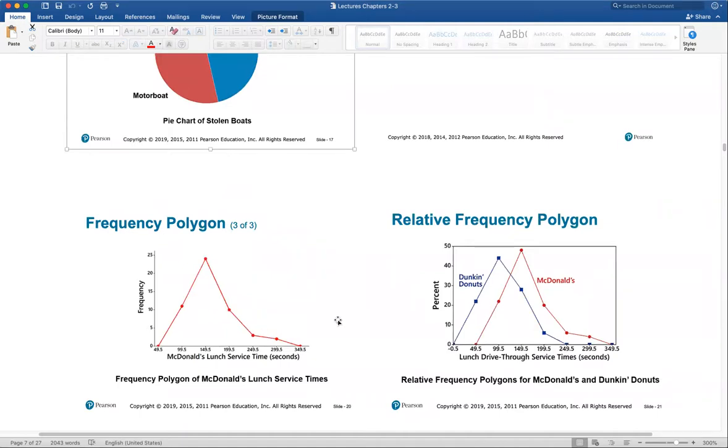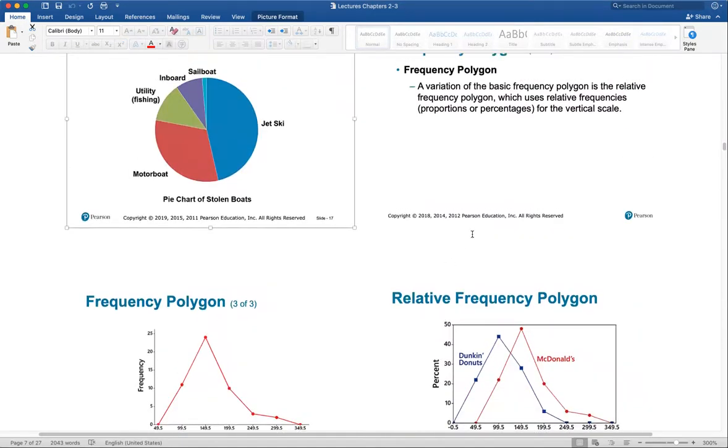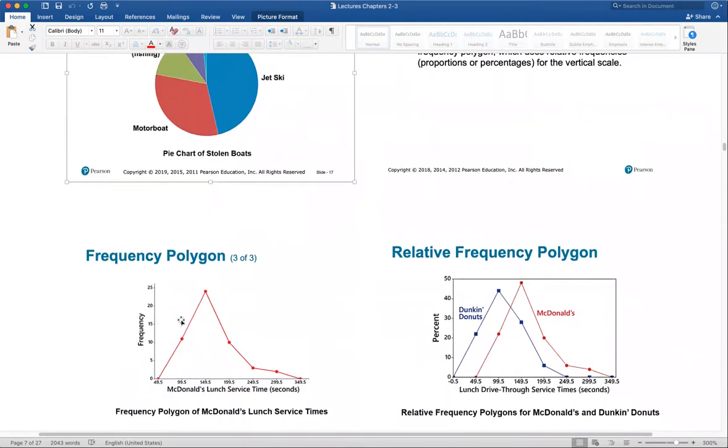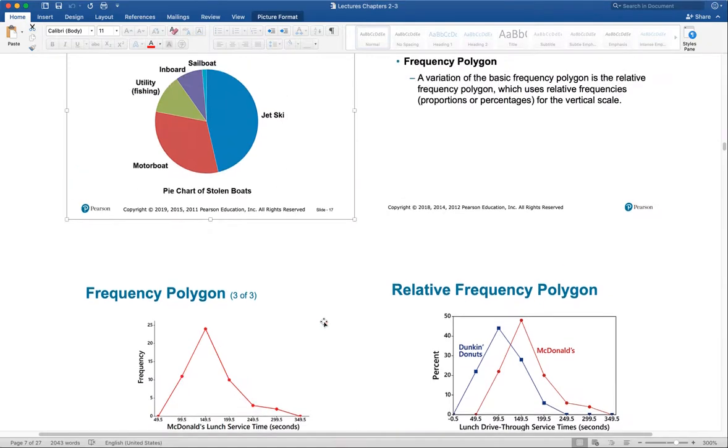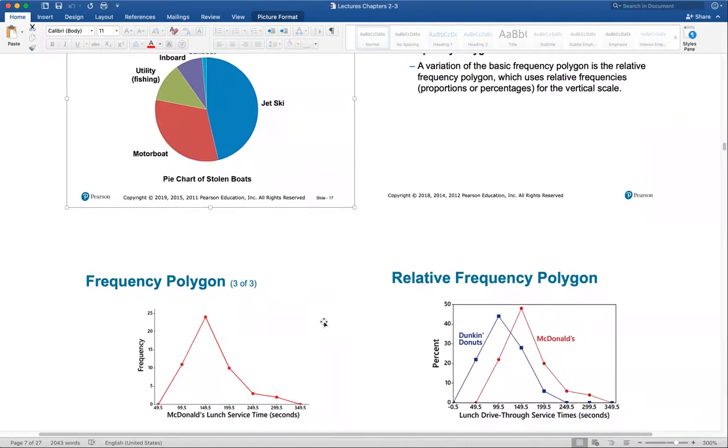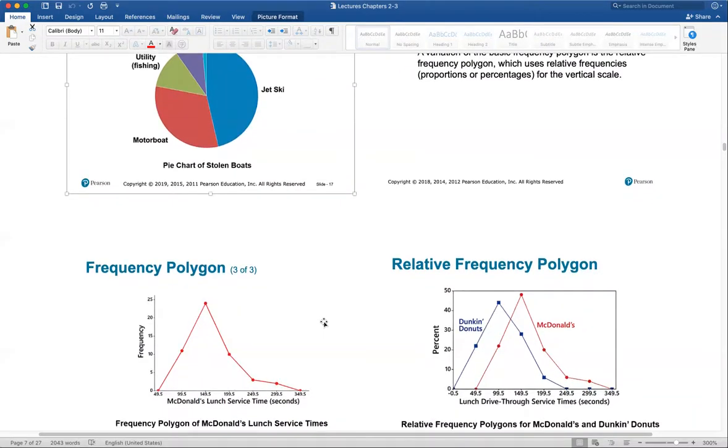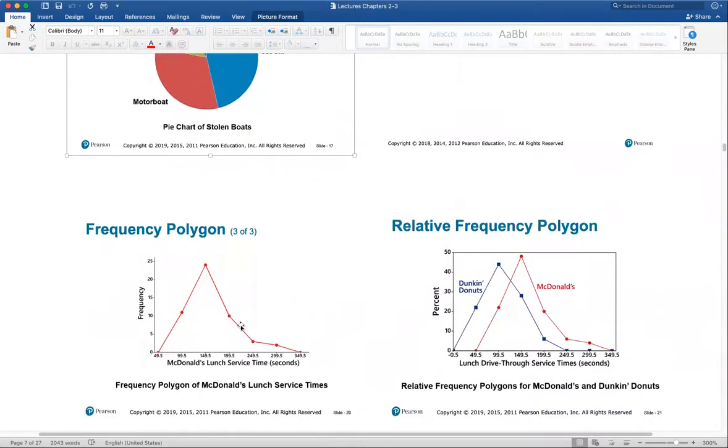So, excuse me. For the frequency polygon, it's similar to a histogram, but instead of drawing the vertical bar, we just plot a dot for each class, at the middle of the class.